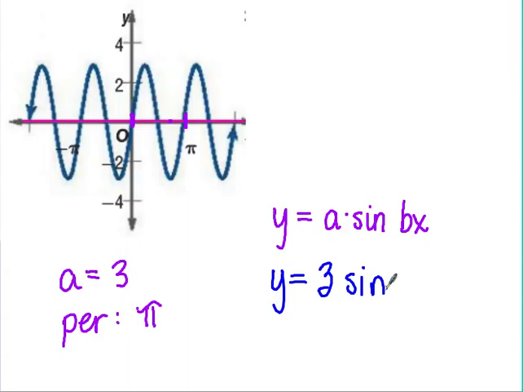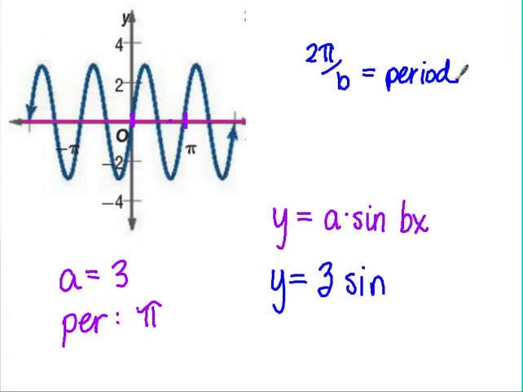There's a formula with b in it. What was that formula? Yeah, it's period. What is the formula? The 2 pi. 2 pi what? 2 pi over b equals the period. So I know that 2 pi over b equals the period.